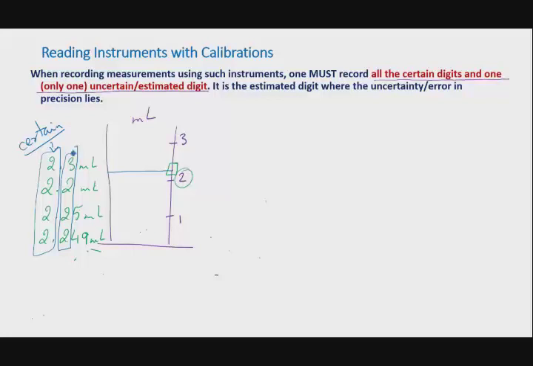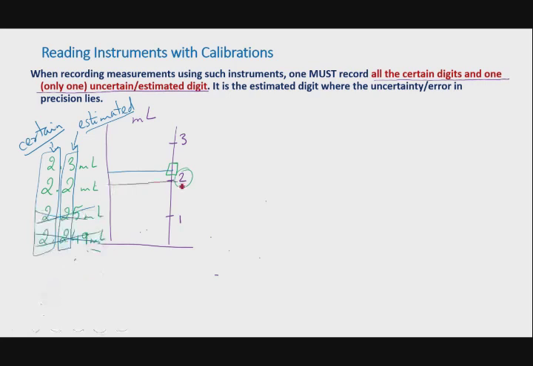We are only allowed one estimated digit. We are not allowed more than one estimated digit. So this is the estimated digit. We must have one, but not more than one. So which means that this is not the correct way of reporting the volume in this graduated cylinder, nor is that. What if the level of the liquid was instead right there?